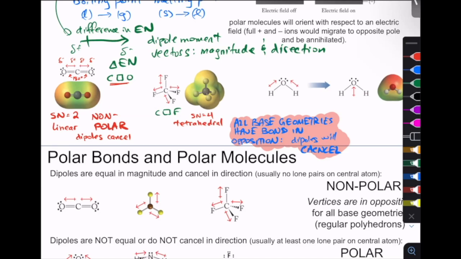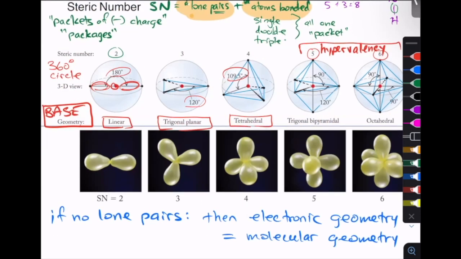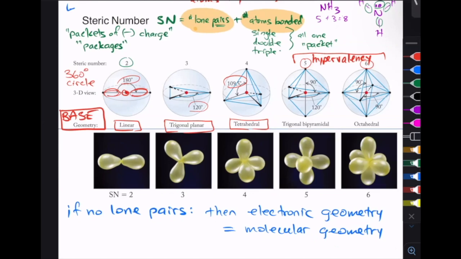The point here is that if you've got the geometry of one of those base geometries that I showed you at the beginning of this chapter for your steric numbers, there's your base geometries, the 5. All right, if you've got that and the dipoles of the bonds are all the same type, same magnitude, they will cancel.